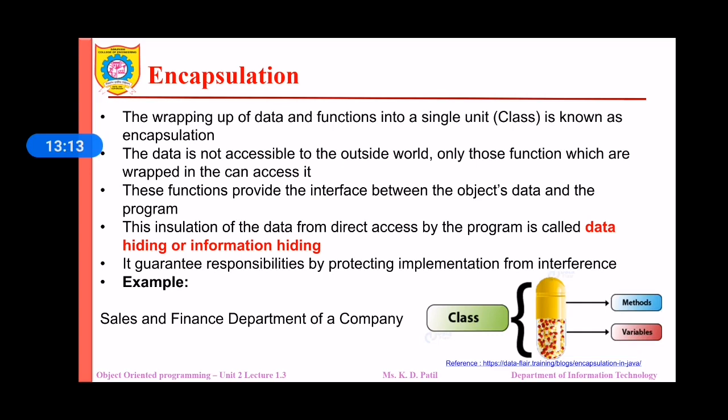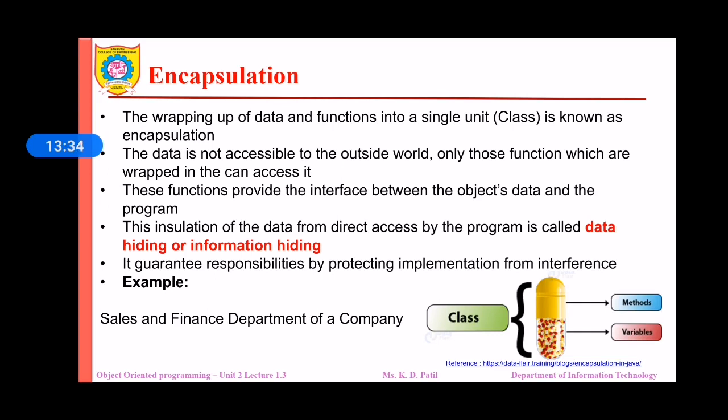Data hiding, information hiding or encapsulation means hiding the data from the outside world, but abstraction means providing the interface only. The encapsulation guarantees the responsibilities by protecting the implementation from interference.